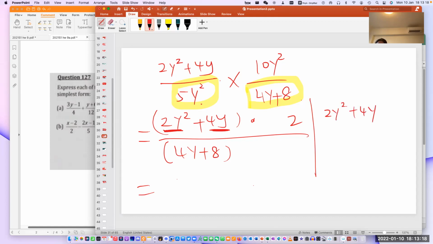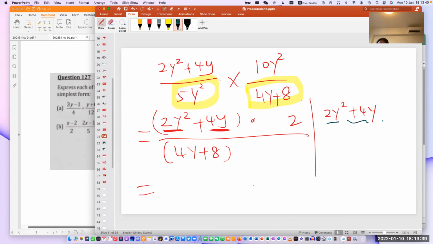I don't put the 2 in first, and I don't want to open the bracket first. I will tell you why later on. So 2y squared plus 4y.